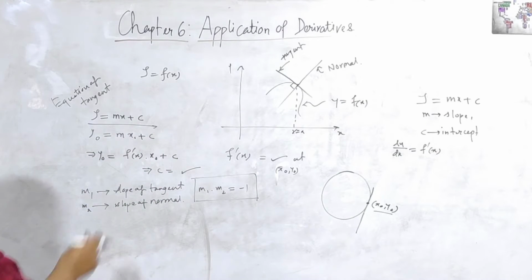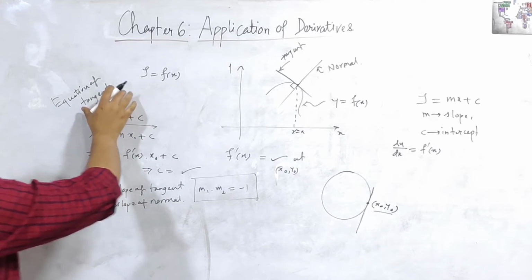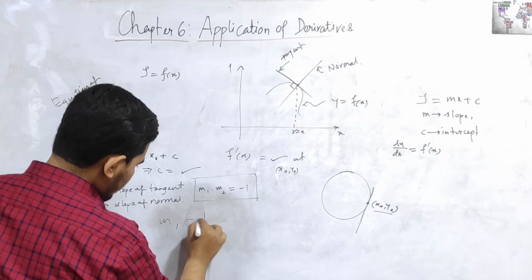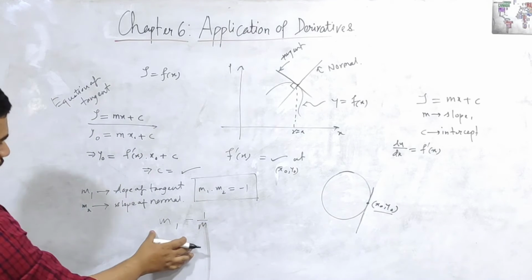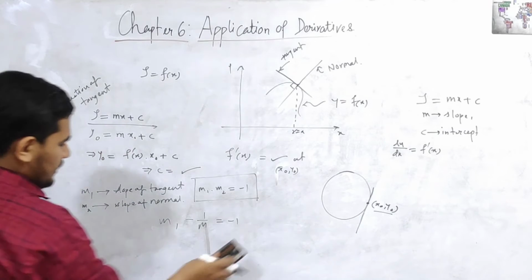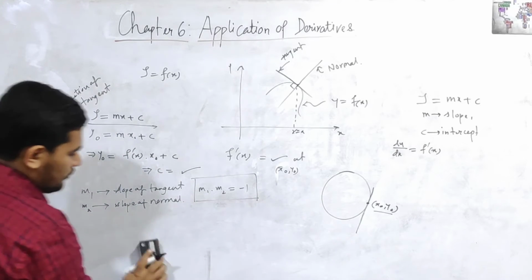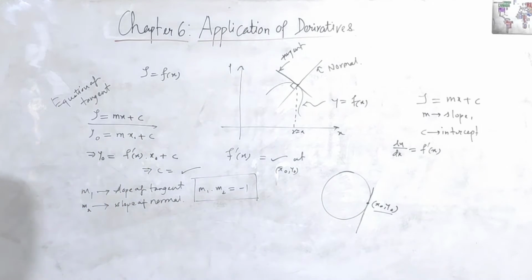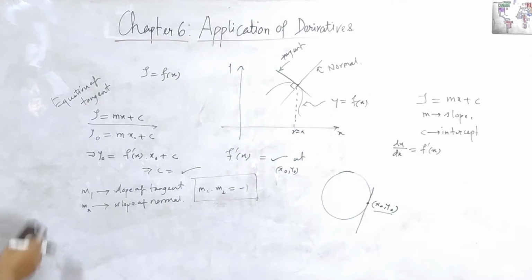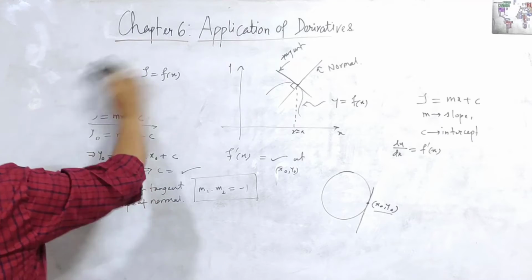Let's suppose my slope of tangent is m. Then my slope of normal will be minus 1 by m, so that when we multiply these two we get minus 1. Basically, if you know the slope of the tangent, you can easily determine the slope of the normal. Now we will solve some basic problems on the equation of tangent and normal.